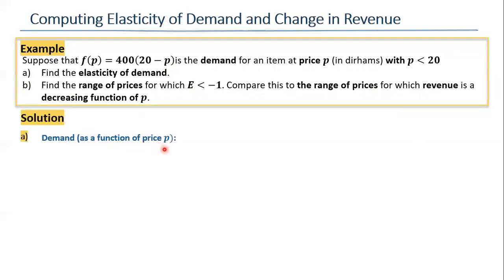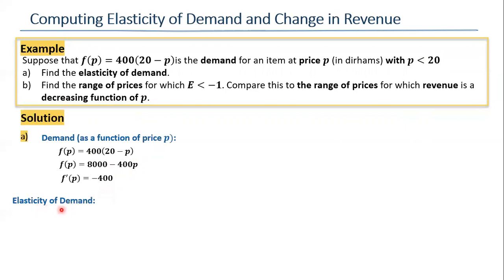Demand as a function of price p is given: f of p equals 400 times 20 minus p. We'll simplify by expanding brackets. 400 times 20 equals 8,000, and 400 times negative p equals negative 400p. We'll find the derivative with respect to p. 8,000 is a constant, so its derivative is 0. The derivative of p is 1, times negative 400, negative 400.